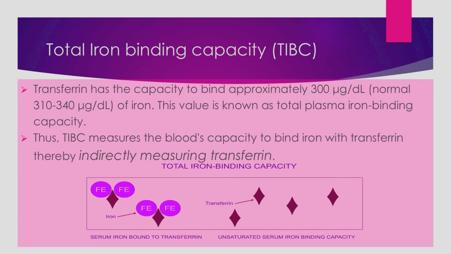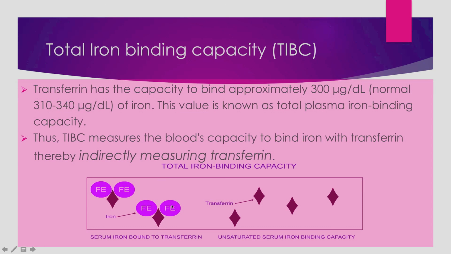This transferrin protein is very important. If transferrin protein is not there, then the body cannot transfer iron, and no amount of iron given to the patient will be of any use. The black color here represents the transferrin protein. This transferrin protein carries the iron, and TIBC, total iron binding capacity, is the measurement of the transferrin protein.